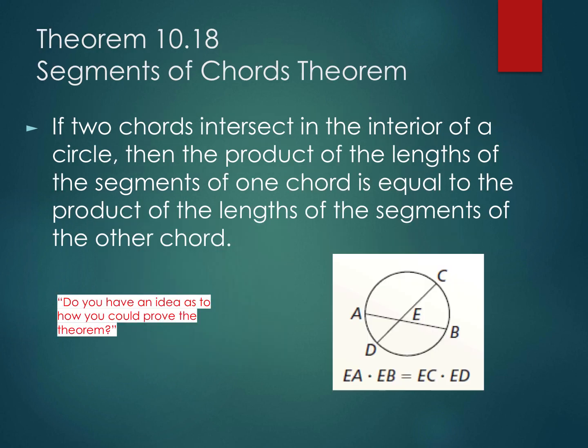All right, so our first theorem today is the segments of chords theorem. If 2 chords intersect in the interior of a circle, then the product of the lengths of the segments of one chord is equal to the product of the lengths of the segments of the other chord.